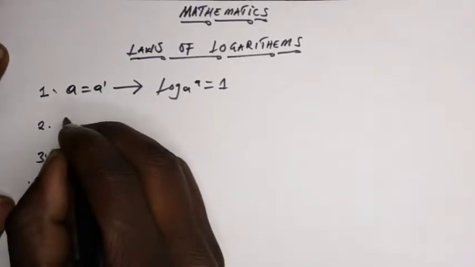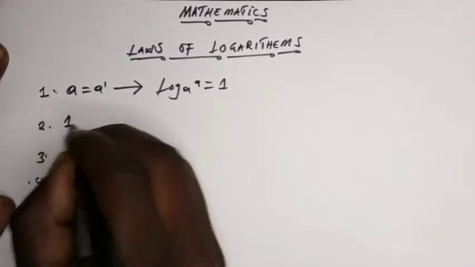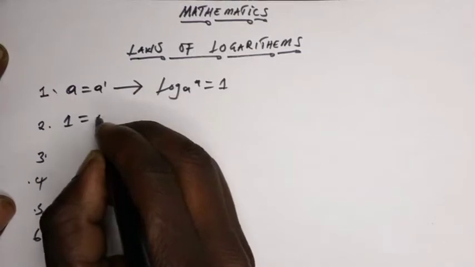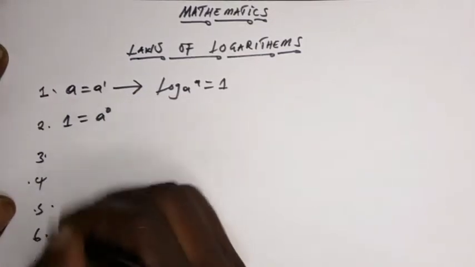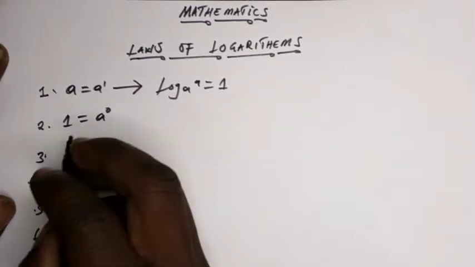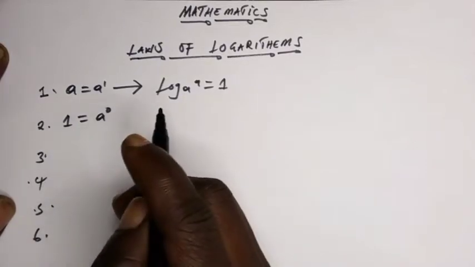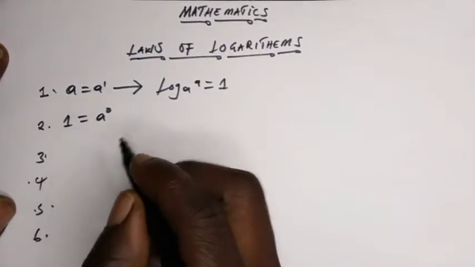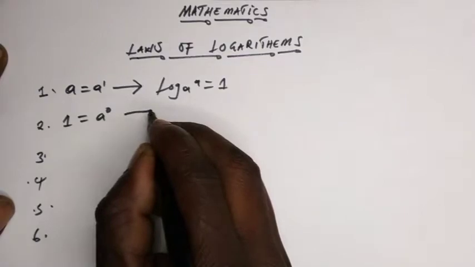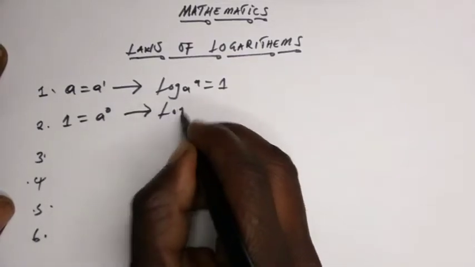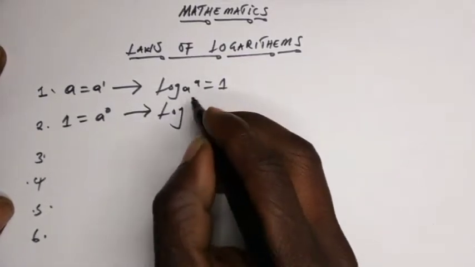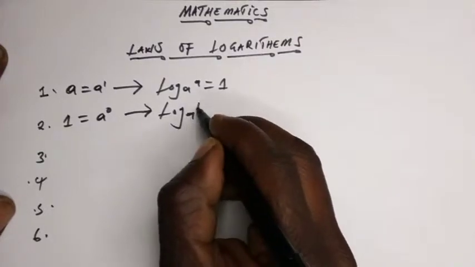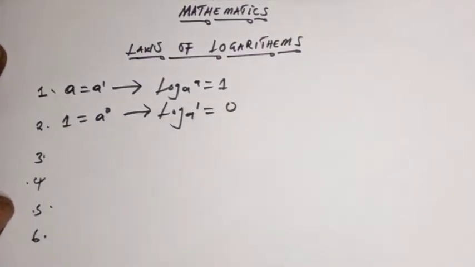Then law number two: 1 is equal to a to the power 0. Any number to the power 0 is 1. So let's represent it in a logarithm. We are going to have log base a of 1, which is equal to 0.